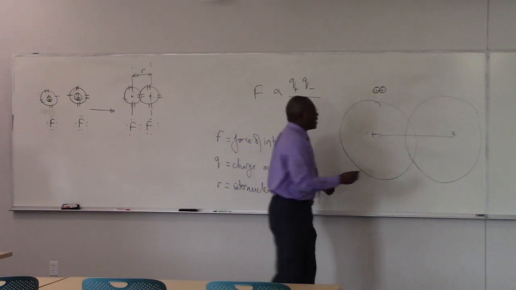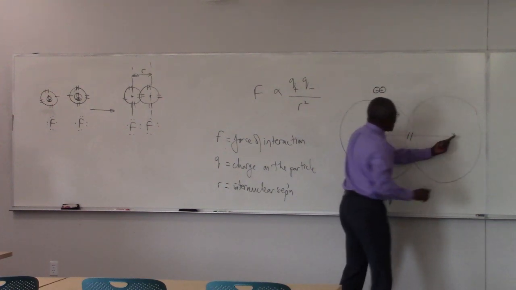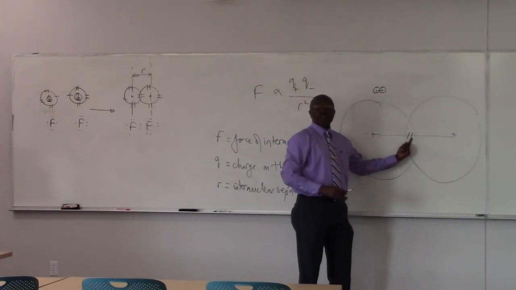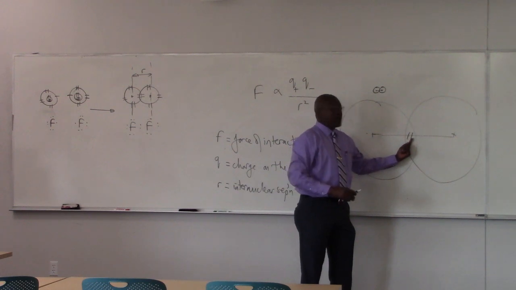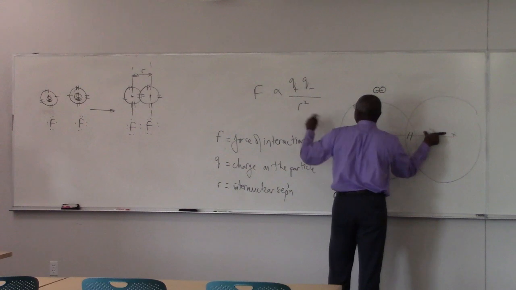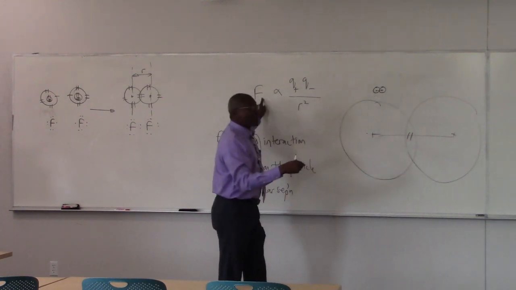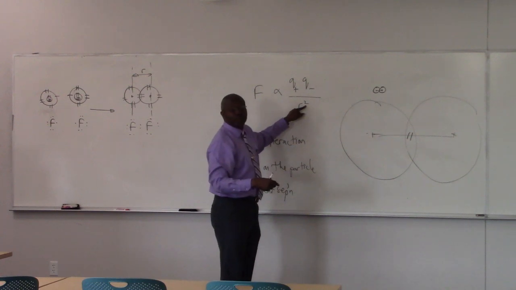And why is that important? Because it means you are miles away from the electrons. Okay? So this distance is large. If this is large, then that number is small. And it gets small in a hurry, because that's r squared.